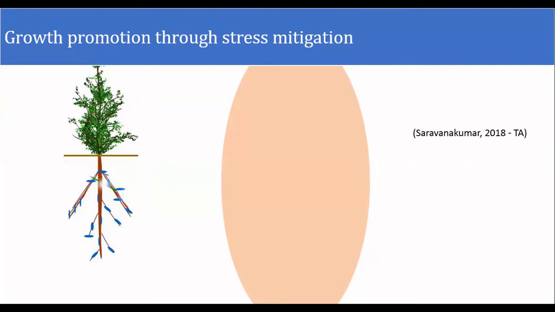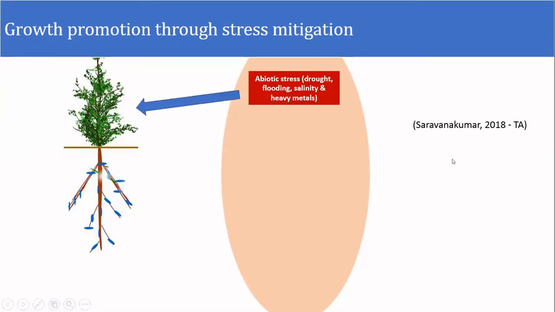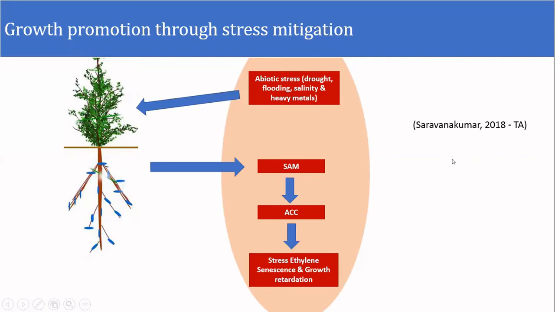Whenever plants are exposed to stress conditions, they are known to synthesize stress ethylene through the production of S-adenosyl methionine and aminocyclopropane carboxylic acid. Here, whenever the plant is exposed to stress, it can produce stress ethylene, and this stress ethylene could cause senescence as well as growth retardation.